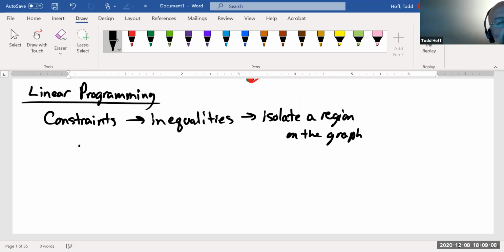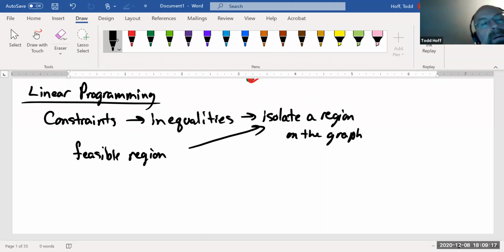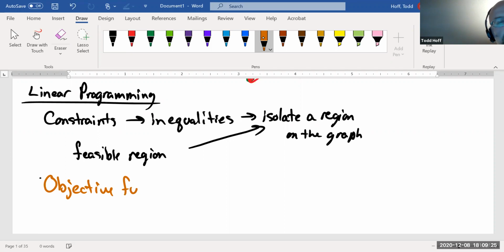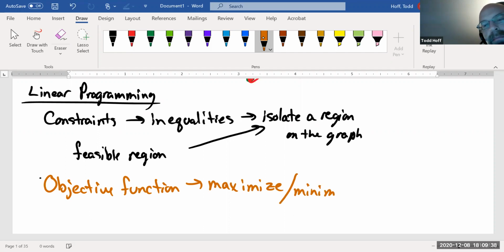We call this region the feasible region. That's the region in which our solutions can occur. And then we have what's called an objective function that we are trying to maximize or minimize, depending on the problem.